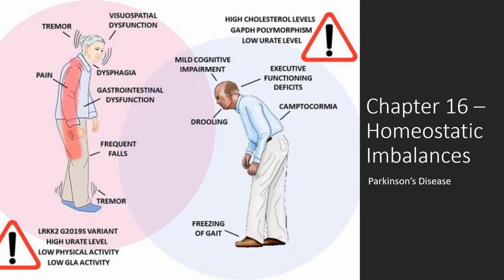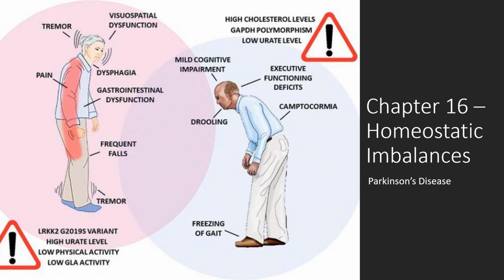The last chapter we're going to look at is chapter 16, the sensory, motor, and integrative systems chapter. And the homeostatic imbalance we want to look at here is Parkinson's disease. This is a progressive disorder of the central nervous system neurons that usually affects people around 60 or a little bit older.